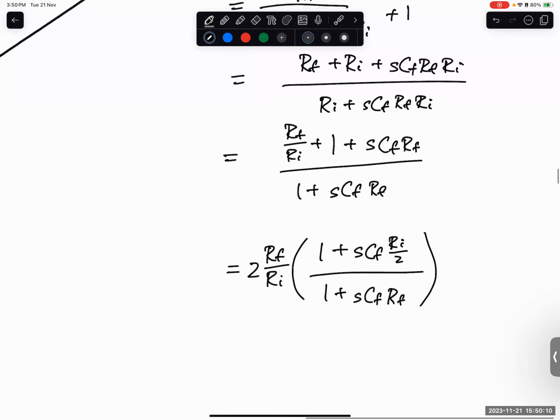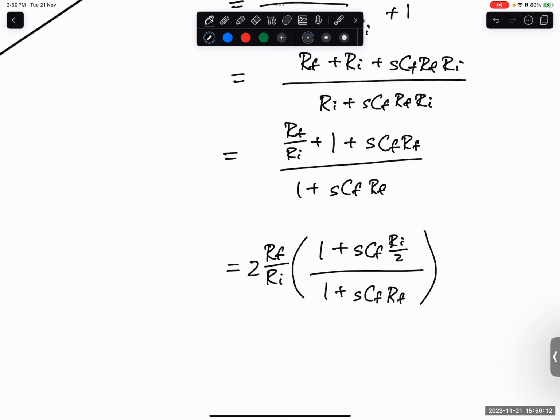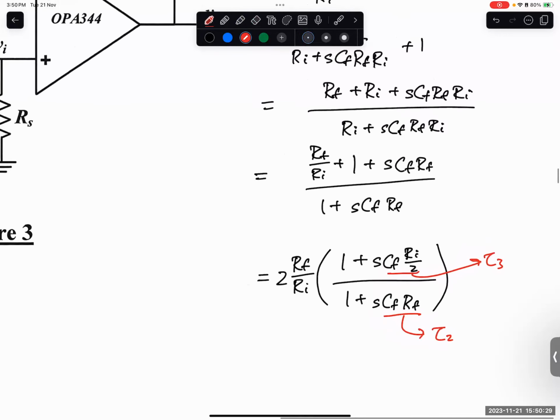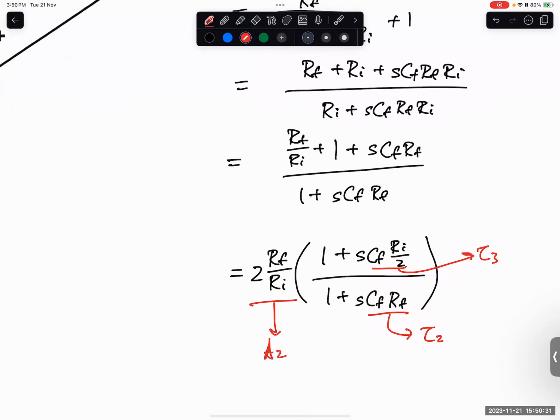Like that. Huh? This one we know is tau 2, and then this one we know is tau 3. Oh. Then this is your alpha 2. Okay.